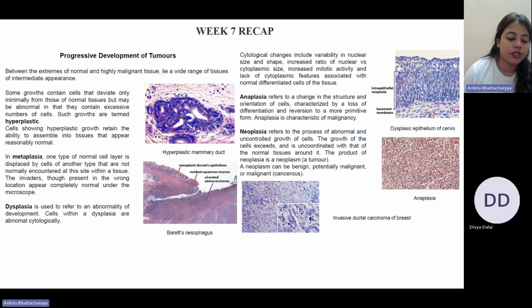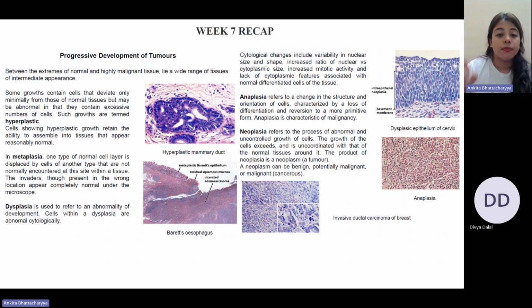So in metaplasia, in a normal tissue, you have one particular type of cells present in that region. This particular layer of cells gets displaced by another type, which is not supposed to be present at that site.